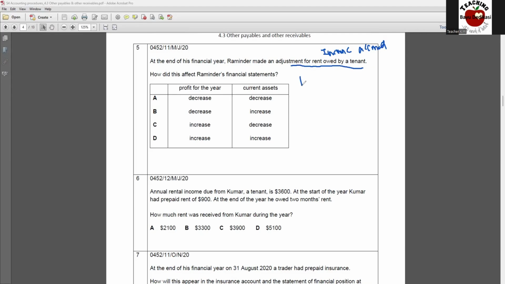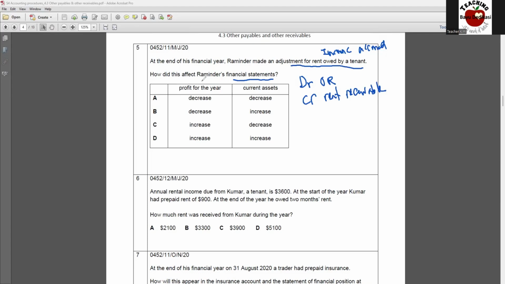Okay, the double entry will be debit other receivable, credit rent received account. Okay, how did this appear? In the financial statement, they talk about the income statement and also the SOFP.